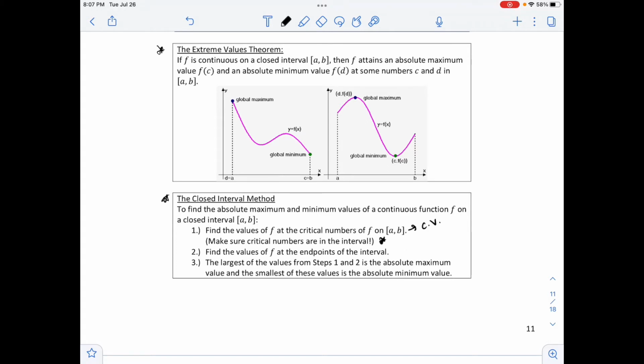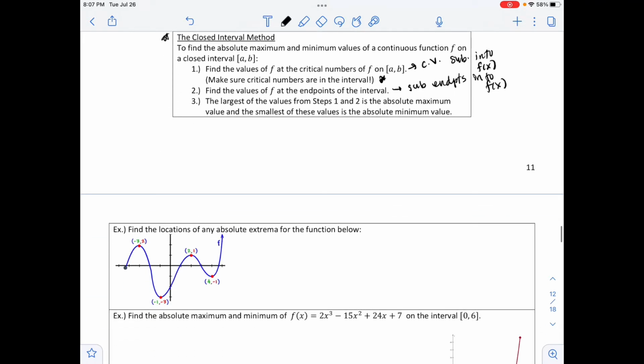And so once you have your critical values, we need to substitute them into our function f of x. And likewise, we need to do that also with the endpoints. So substitute endpoints into f of x. And then the largest of the large and the smallest of the small are going to give us our absolute max and our absolute min.